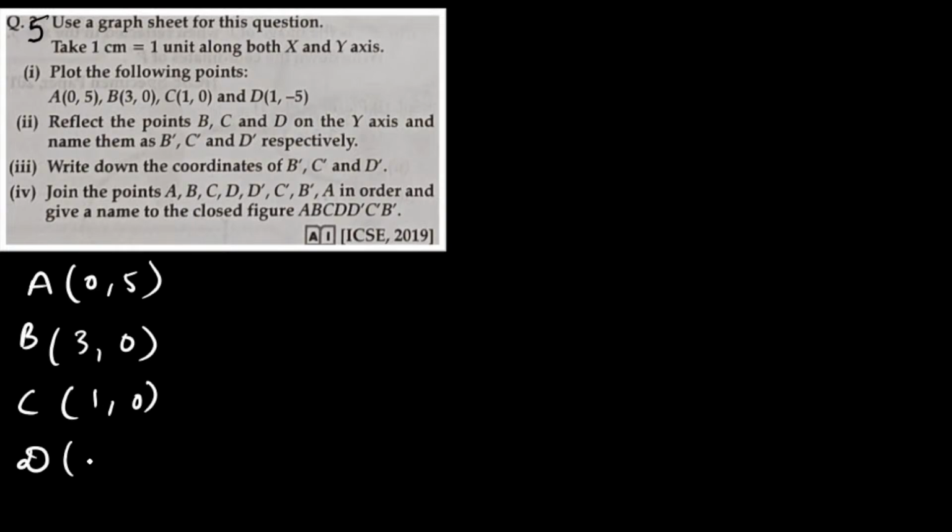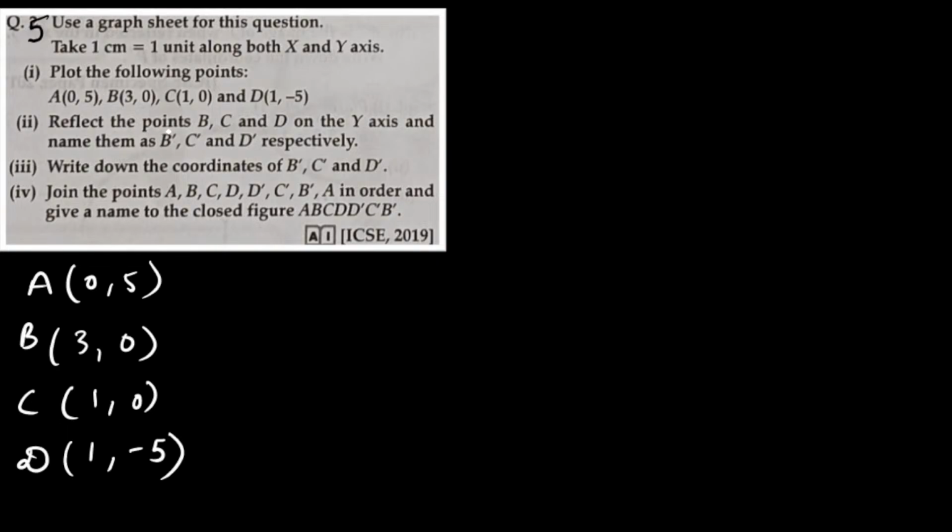Plot the graph. So points are there. A is (0, -5), B is (3, 0), C is (1, 0), D is (1, -1).